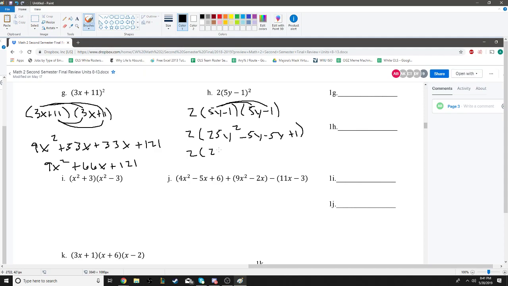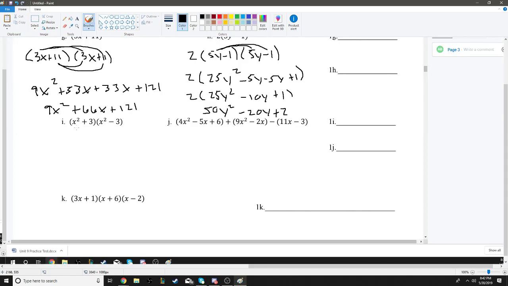Sorry about that. Thought my dog was going crazy again. So this is 25y squared. Negative 5 minus 5y is a negative 10y plus 1. And since there's a 2 in front, we multiply everything by 2 to make this 50y squared minus 20y plus 2.